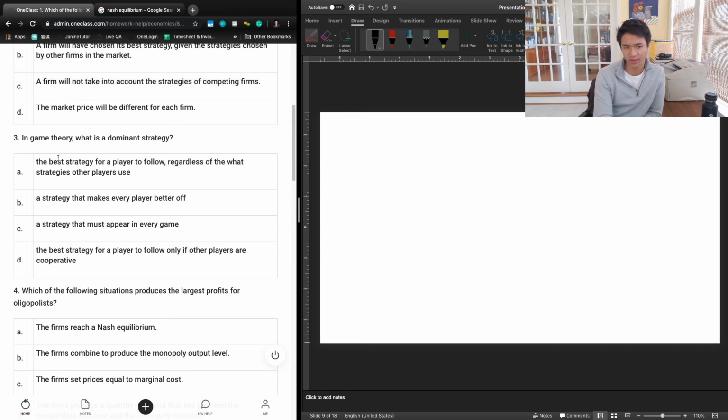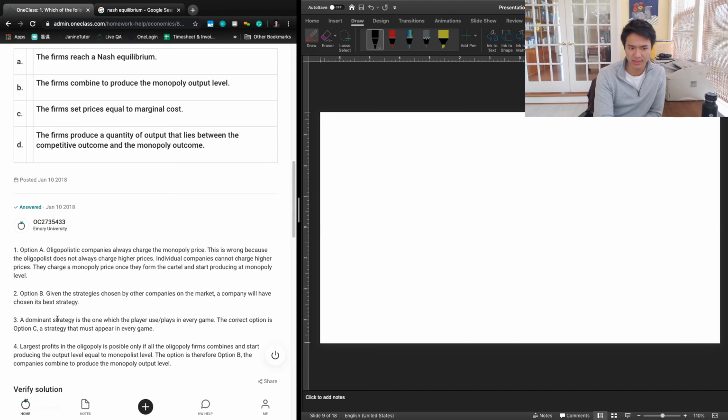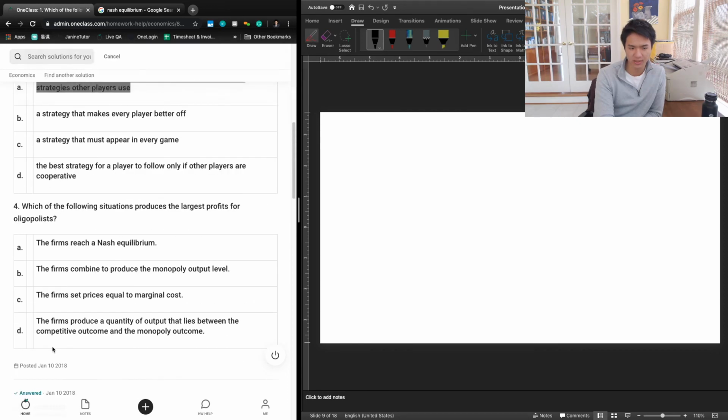Okay, actually it looks like in 3, we got a different answer. We said for 3 that the best strategy for a player to follow, regardless of the strategies that other players use. And I think the previous tutor says C, the correct option is option C, a strategy that must appear in every game.